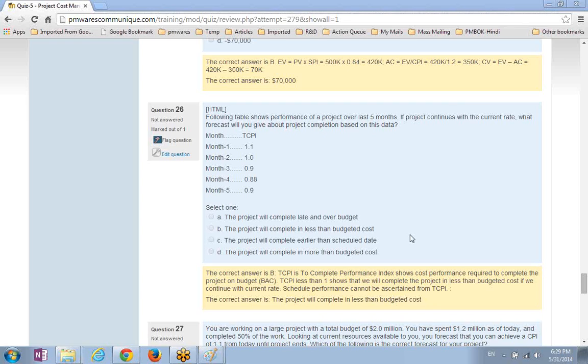This is fairly simple actually. See, this is TCPI, to complete cost performance index. That is asking run rate. In terms of cricket, it is asking run rate.